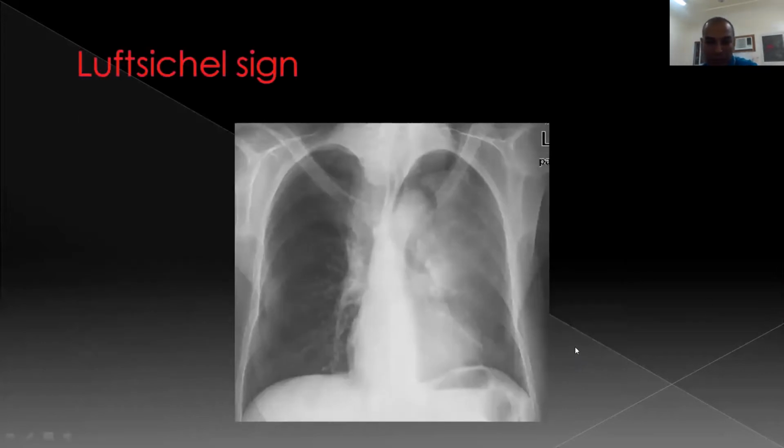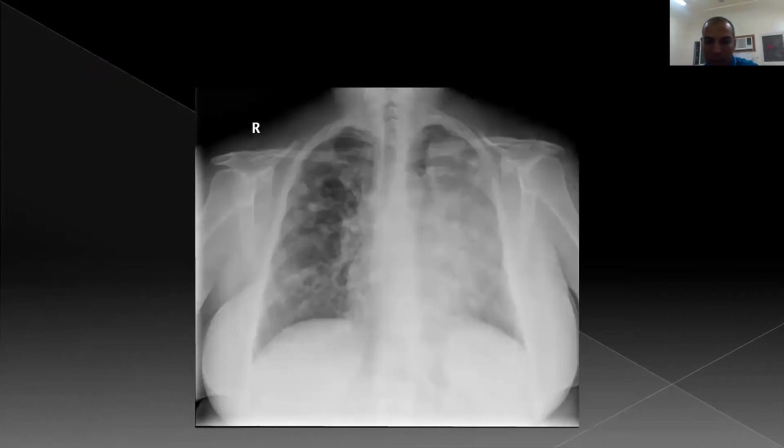This one is a classic case for left upper lobe collapse. As we said before, left upper lobe collapse will cause an opaque hemithorax, something like this, and sometimes sparing some lucency around the aortic knuckle, what we call the Luftsichel sign. This is a typical case for left upper lobe collapse.